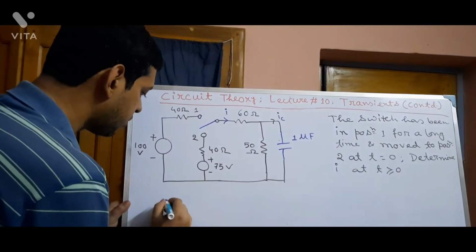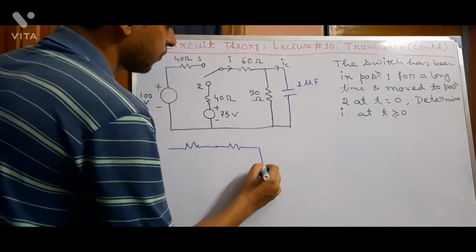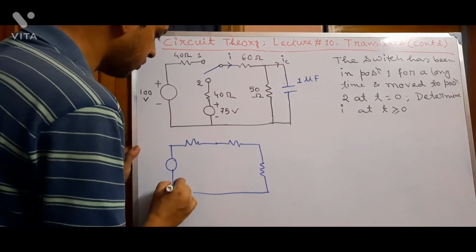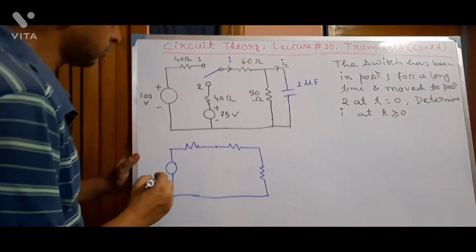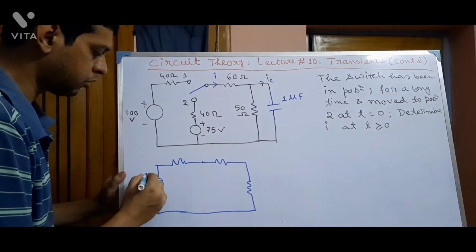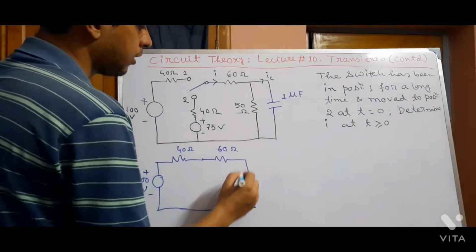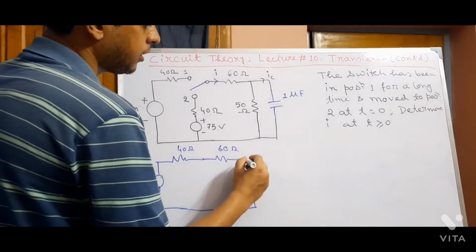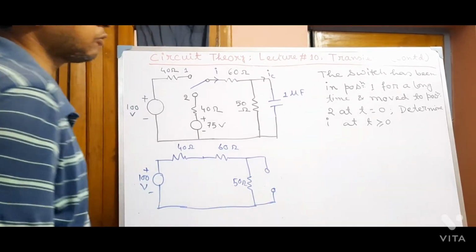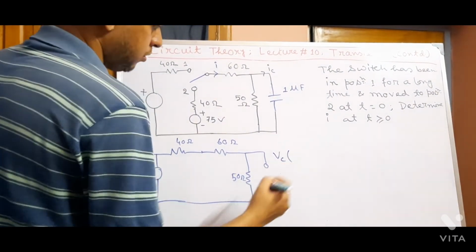So the condition of the circuit was like this one at t less than 0: the EMF of the voltage source was 100 volt, there is a 40 ohm resistance, 60 and 50 ohm resistance, and we can treat the capacitor as an open.